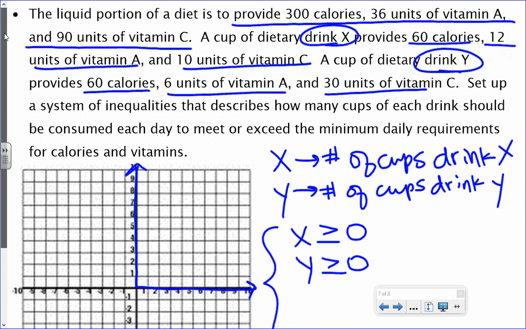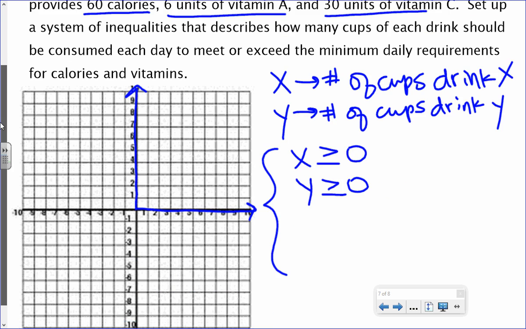Now, we are given some information about calories, vitamin A, and vitamin C. So let's group those things together. How many calories are in a cup of drink X? 60. How about drink Y? 60.